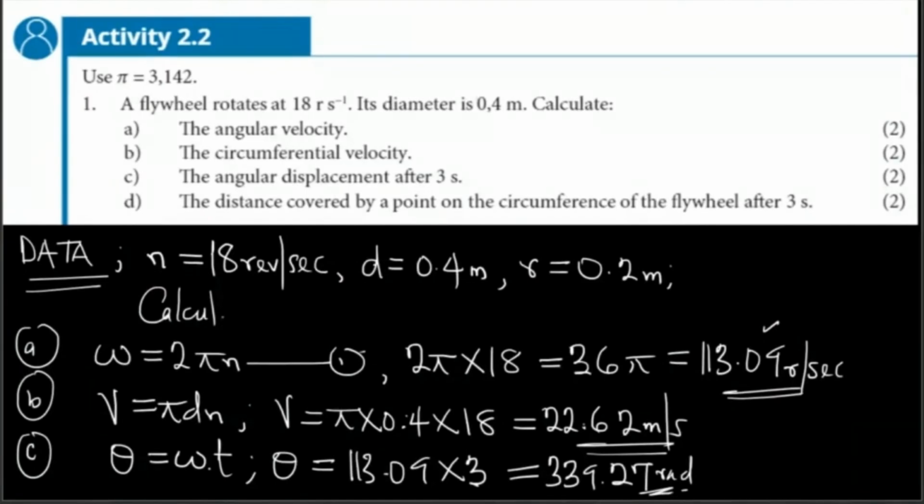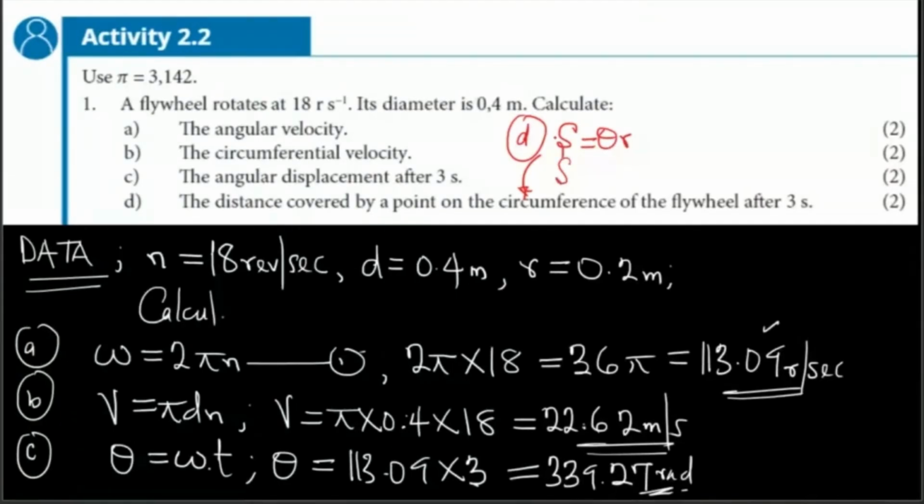Now the D part, the distance covered by a point on the circumference of the flywheel after 3 seconds. The distance covered, S, is equal to theta r.